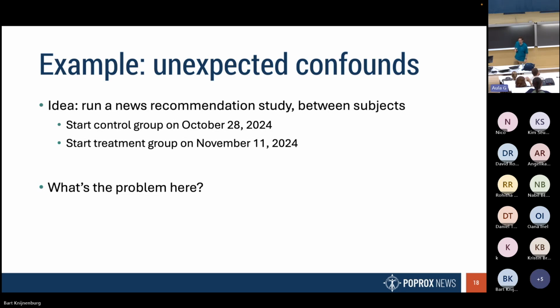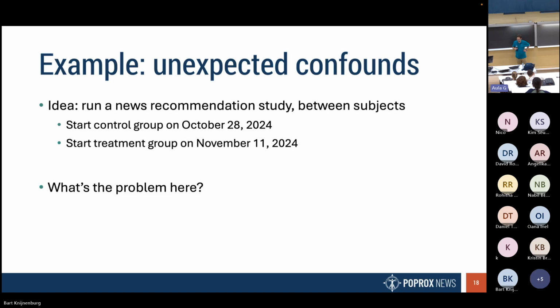So that's an example of a historical control. You're using results from one time period as a control condition and comparing it against how people respond in a different time period. So historical controls are problematic because of a problem called history.